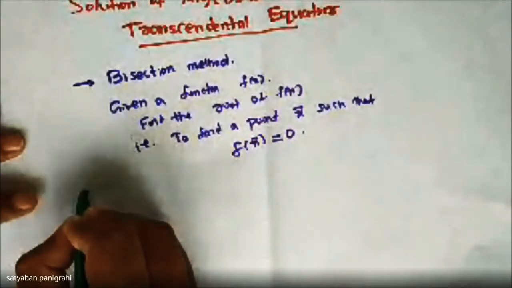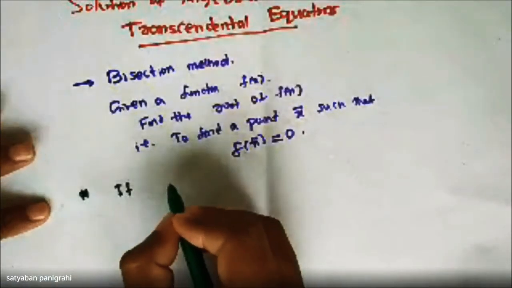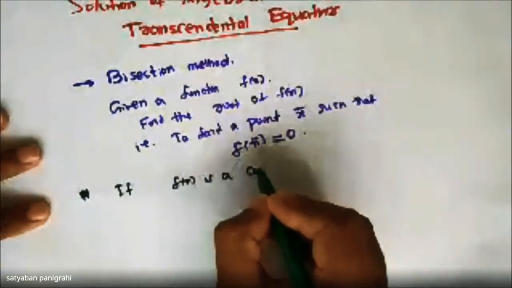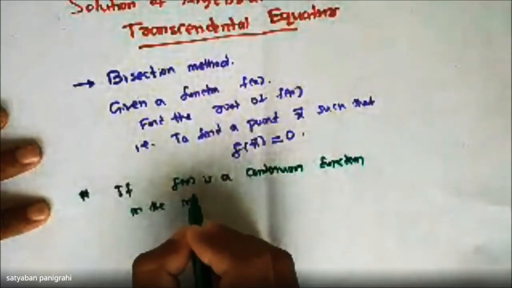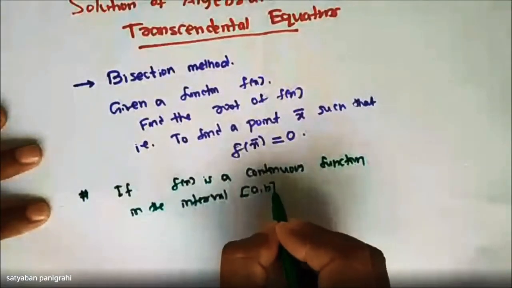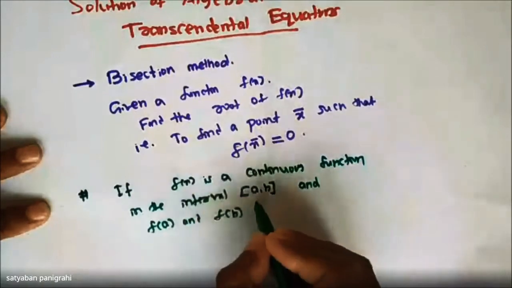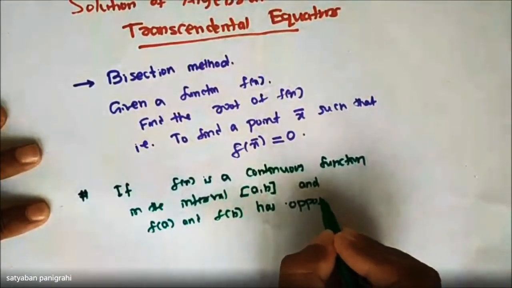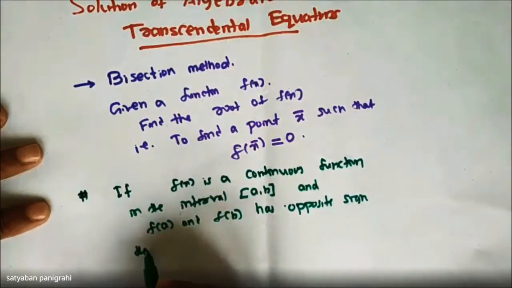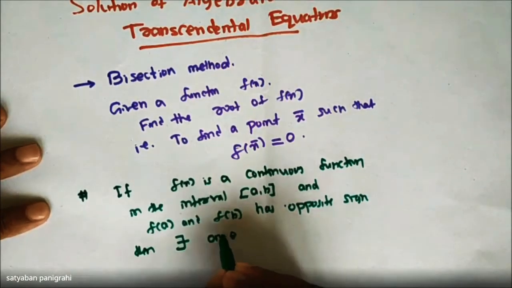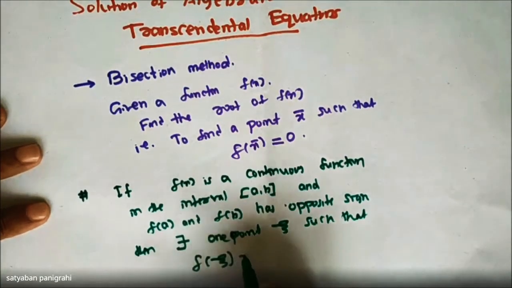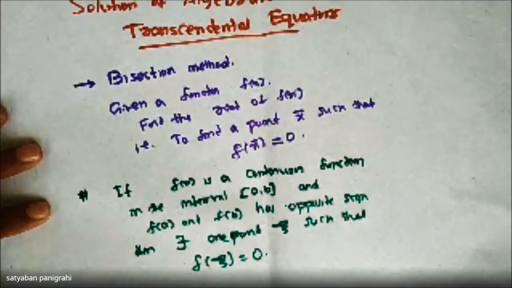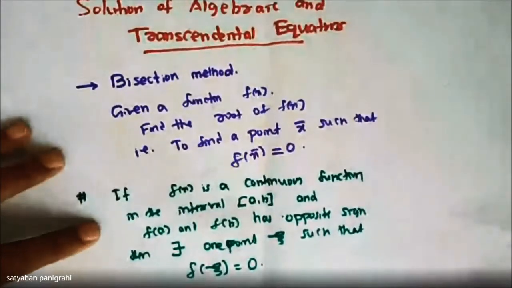If f(x) is a continuous function in the interval [a, b] and f(a) and f(b) have opposite sign, then there exists one point j such that f of j equals 0. Already we have given this in our introductory class.